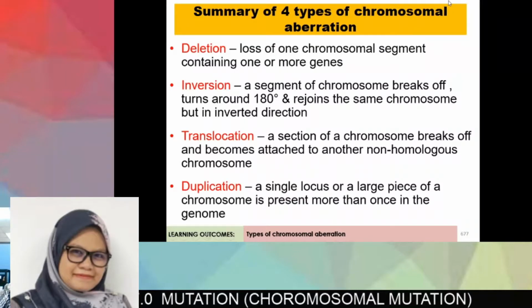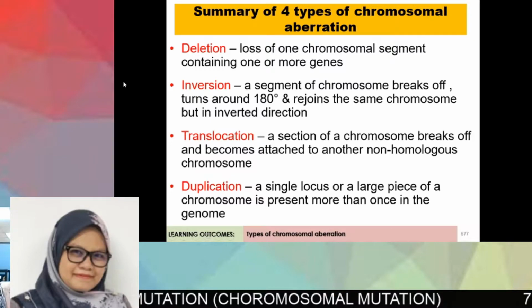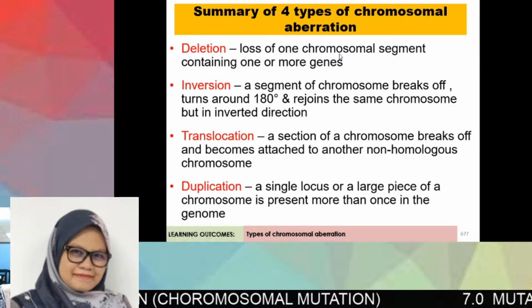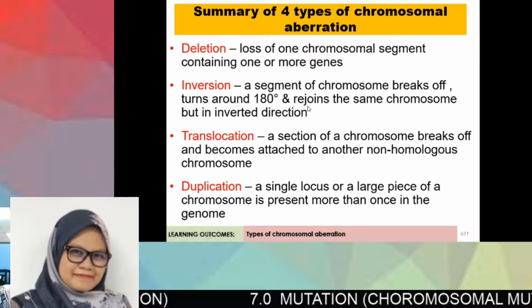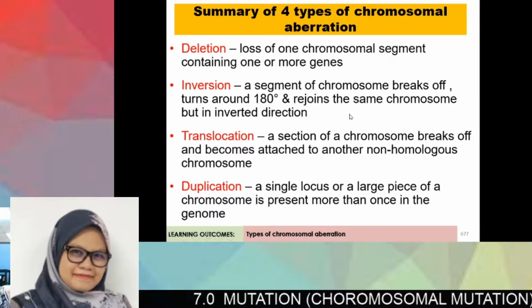So, a summary of the chromosomal aberrations: for deletion, loss of one chromosomal segment containing one or more genes. Gene inversion, a segment of chromosome breaks off, turns around 180 degrees and rejoins the same chromosome but in inverted direction. Gene translocation, a section of chromosome breaks off and becomes attached to another non-homologous chromosome.